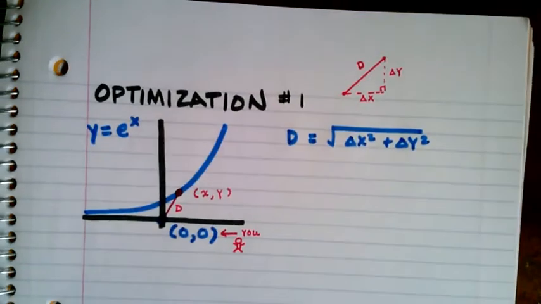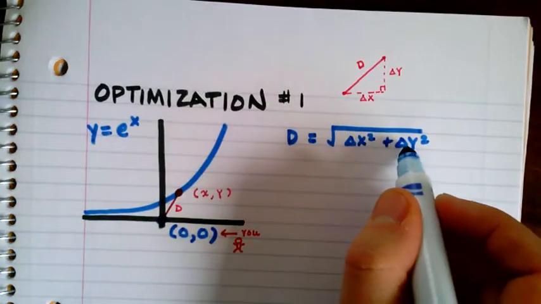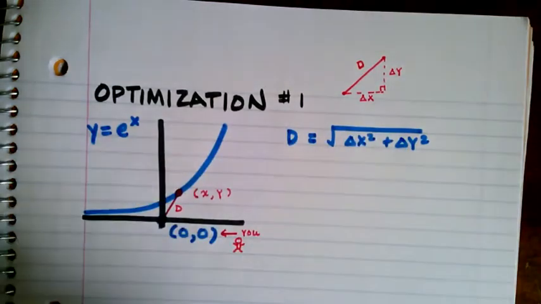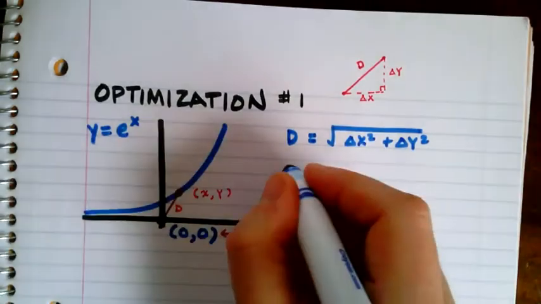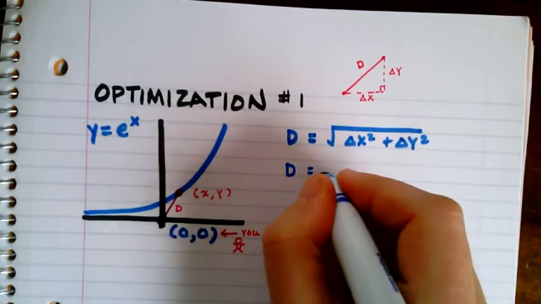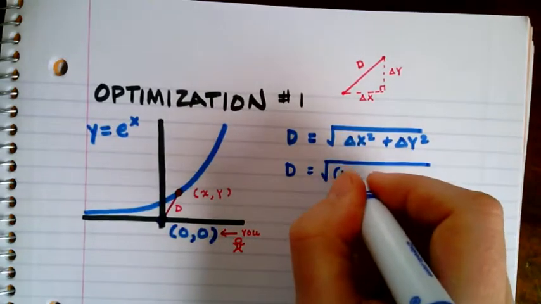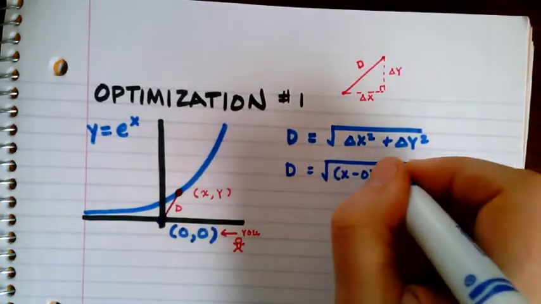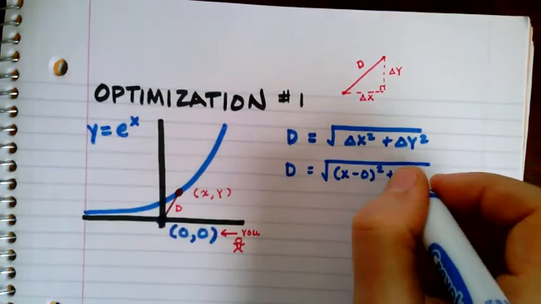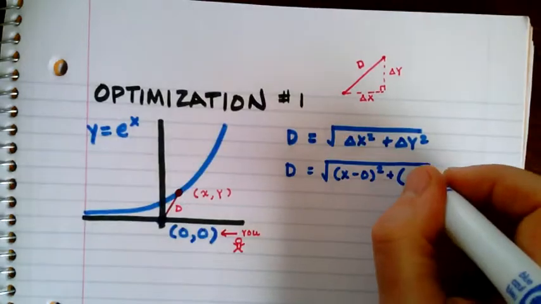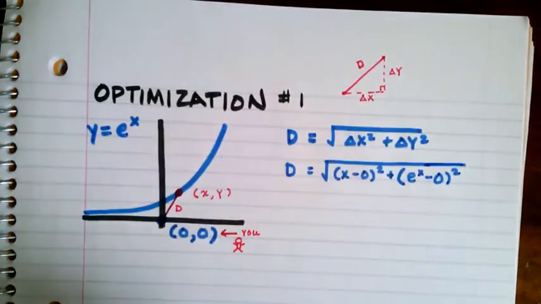All right. Now, what we would like to do is rewrite change in x and change in y in terms of the information that we know. So from x to 0, that would be x minus 0, the quantity squared. And then from y to 0, that would be the quantity y is e to the x minus 0, the quantity squared.